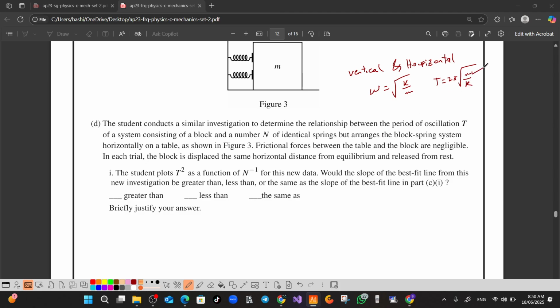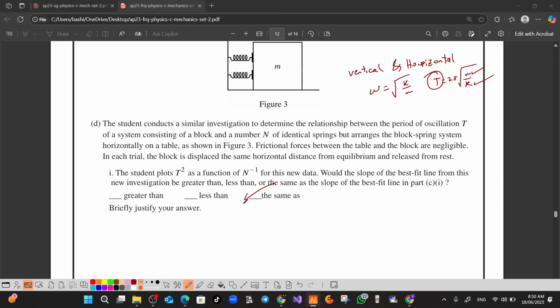Since we didn't change the mass, we didn't change the K, then we will get the same period over and over again, which means the slope that we will get will be exactly the same as the slope for the vertical one. So the same. Briefly justify your answer.